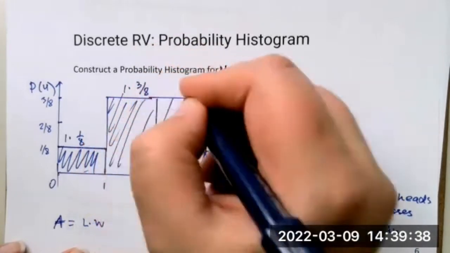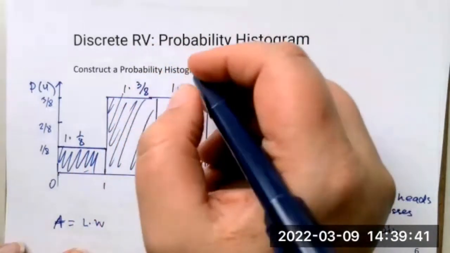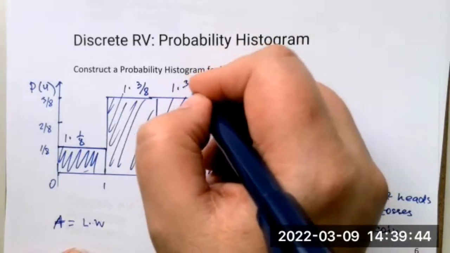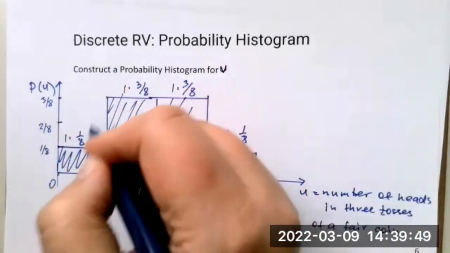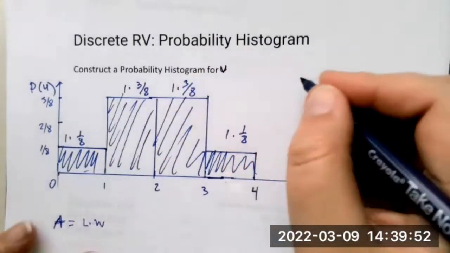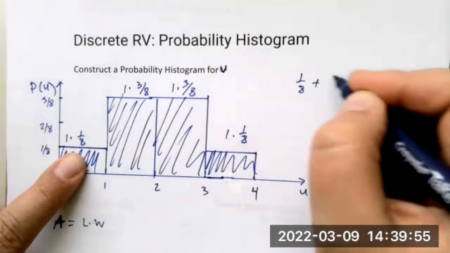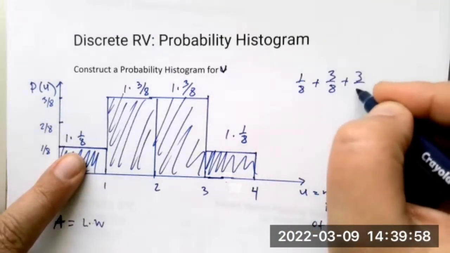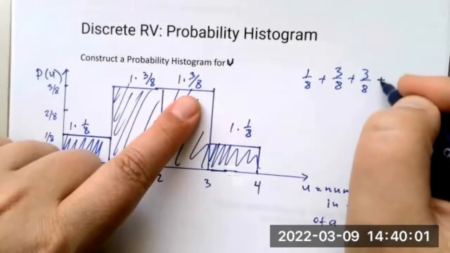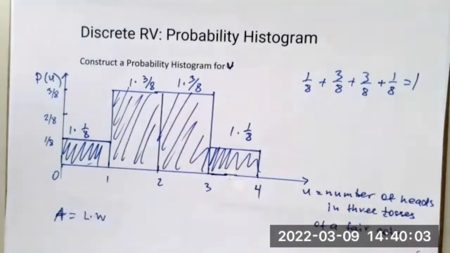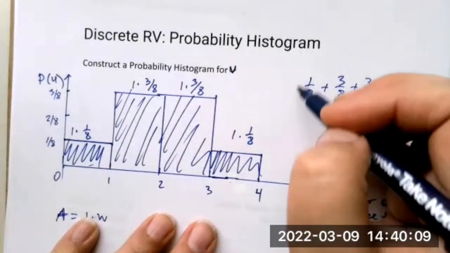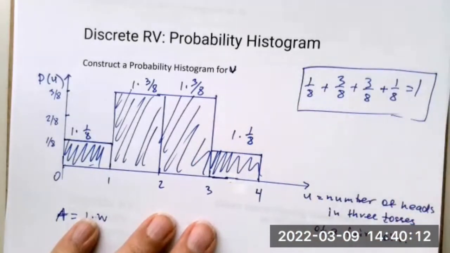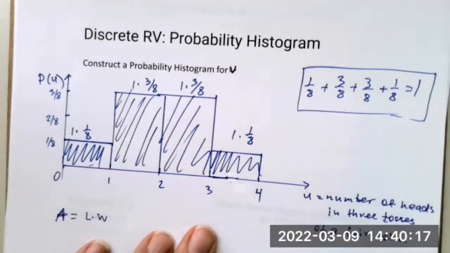It's going to be 3/8. Here we have 1 times 3/8 and 1 times 1/8. So when we add them up, what are we going to get? We're going to get 1/8 plus 3/8 plus 3/8 plus 1/8, and that's going to be equal to 1. So all of this shaded area equals 1. This is a very important fact that we're going to be using later on, so keep it in the back of your mind.